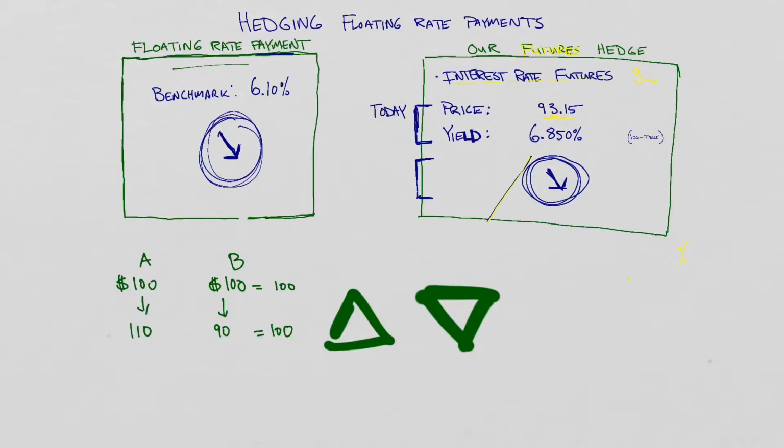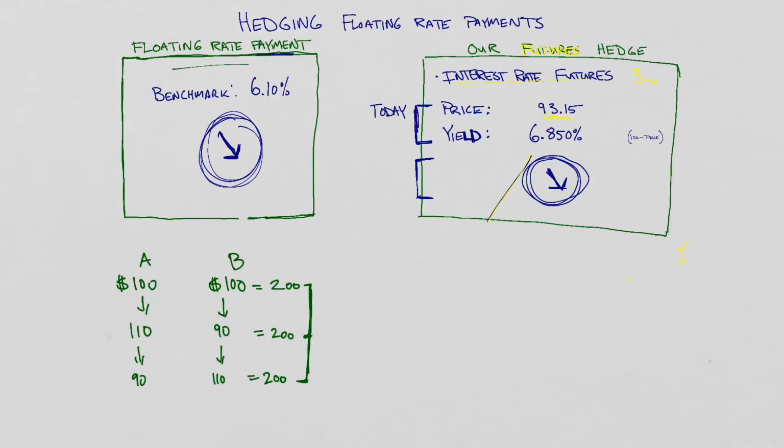And likewise, if stock A instead fell to 90, but stock B went to 110, we still have 200. The same amount of money at an overall level, if you look at both of these together in one portfolio.